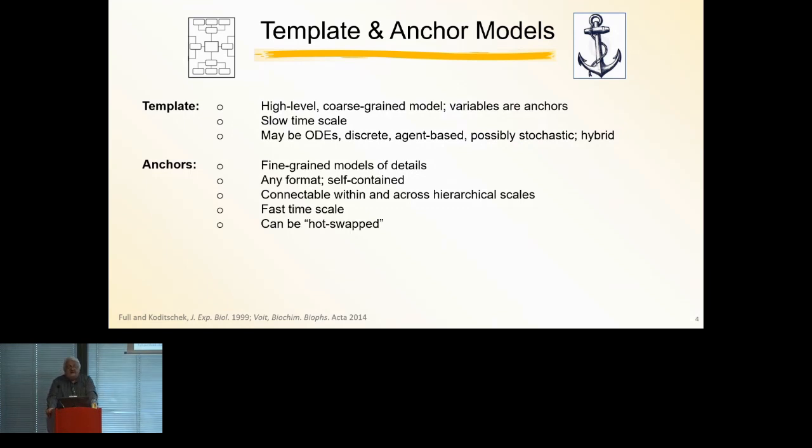And they could be any format too. They are self-contained, and they are connectable within and across the different hierarchical scales. They typically run on a faster time scale. And as a computer scientist might say, they can be hot swapped. That means you can take them out and replace them with another anchor model while the rest of the model is running.